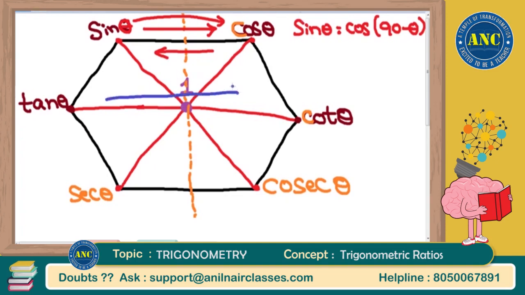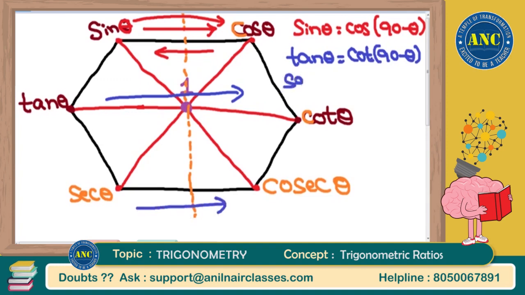Similarly, tan theta is equal to cot of 90 minus theta. For horizontal trigonometric functions, the sum of the angles will be complementary. Similarly, secant theta is equal to cosecant of 90 minus theta.